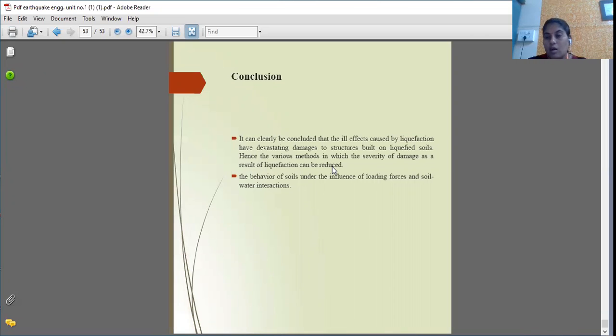All those parameters we have to take into account before construction of any site, so we can reduce liquefaction, considering the behavior of soils under the influence of loading forces and soil-water interaction. We can reduce soil liquefaction by different methods of stabilization, admixtures, compression, full compaction, and reinforcement with steel material. In this way, the part about soil liquefaction is completed.